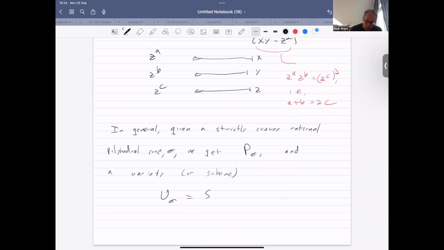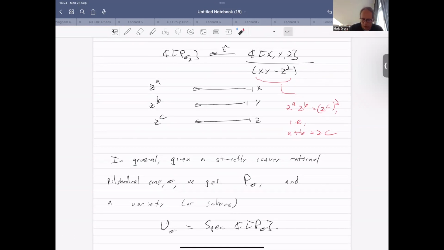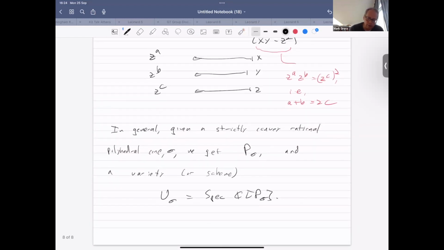U sigma, which is the spectrum of C bracket P sigma. So if you're uncomfortable with this language of spectra, let me just point out what that means. For example, the spectrum of this ring is really just the variety in affine 3 space defined by this equation. So, e.g., U sigma 2 is the zero set of the equation x, y minus z squared inside affine 3 space, C3. Okay, so this is one way of cooking up some, not every possible variety, but some interesting range of affine varieties.